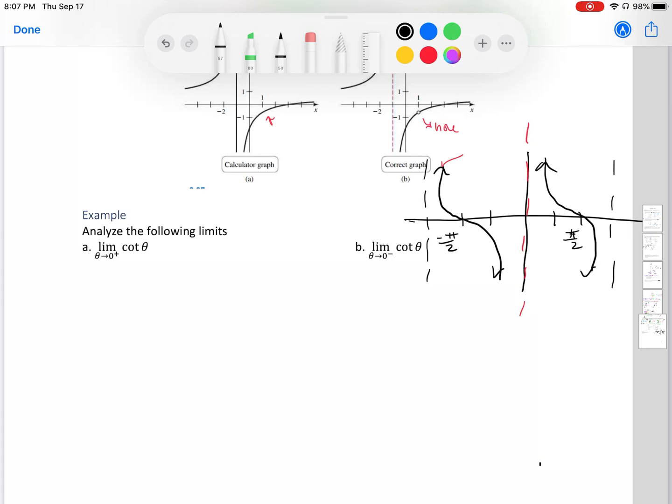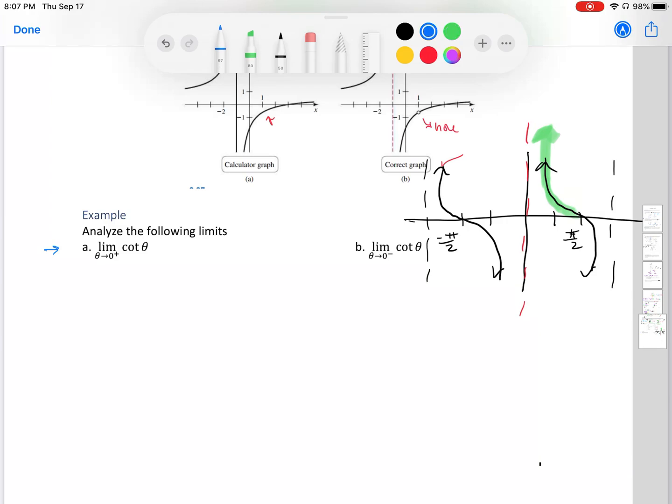However, we can still read it the same way. We can take a look at a graph coming from the left to the right and see if it gives us infinity or negative infinity. So let's take a look at this first question. A: the limit as theta approaches 0 from the right of cotangent theta. Coming from the right, we see that our graph is going forever up.